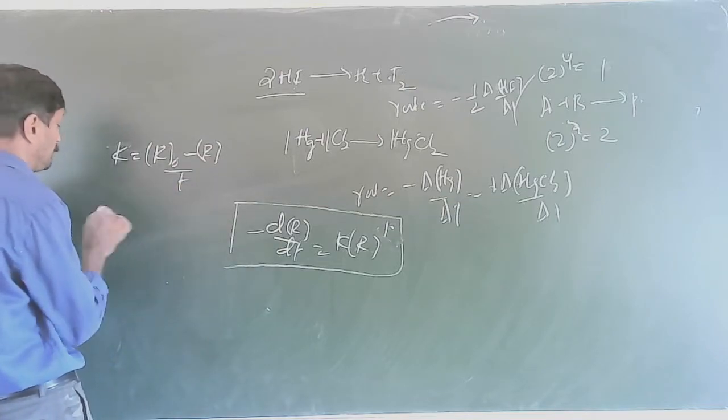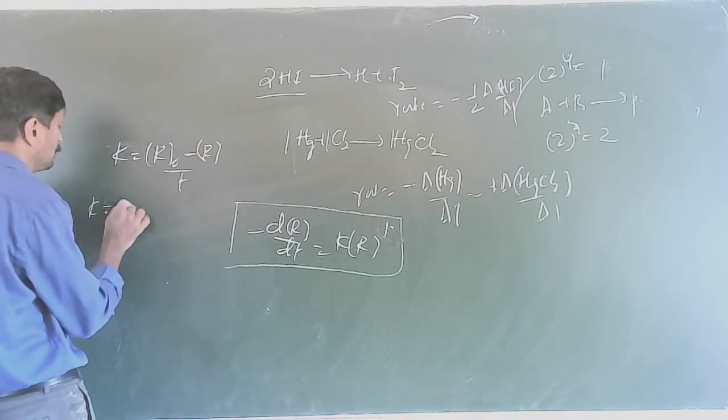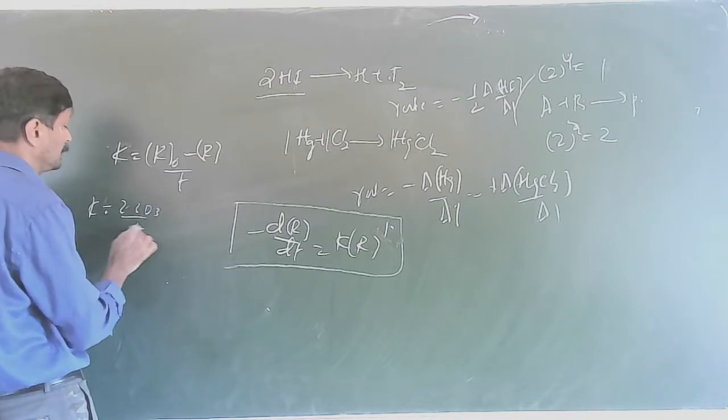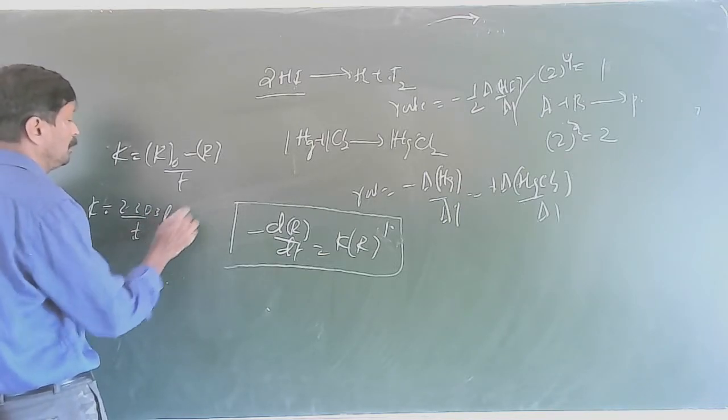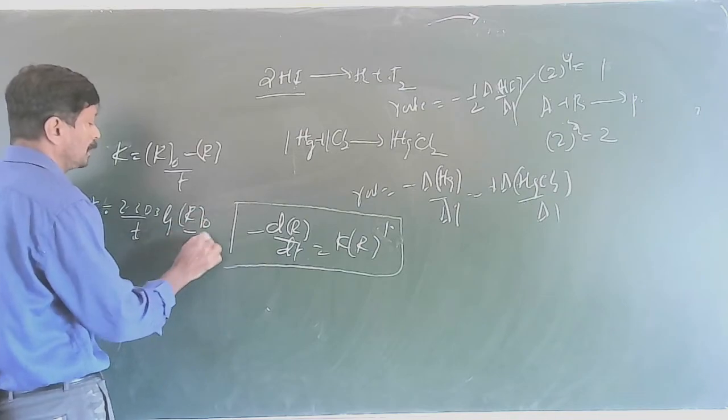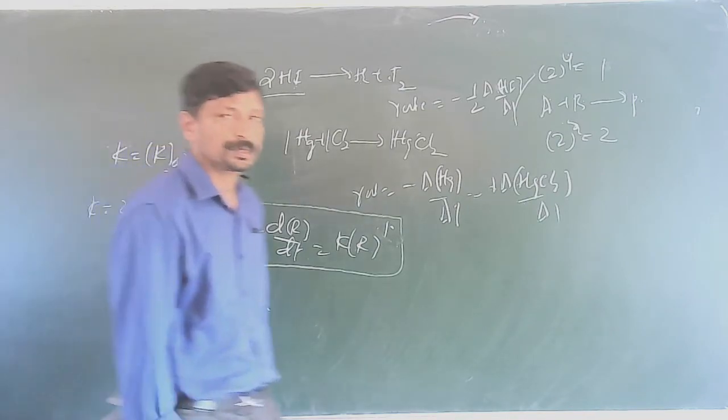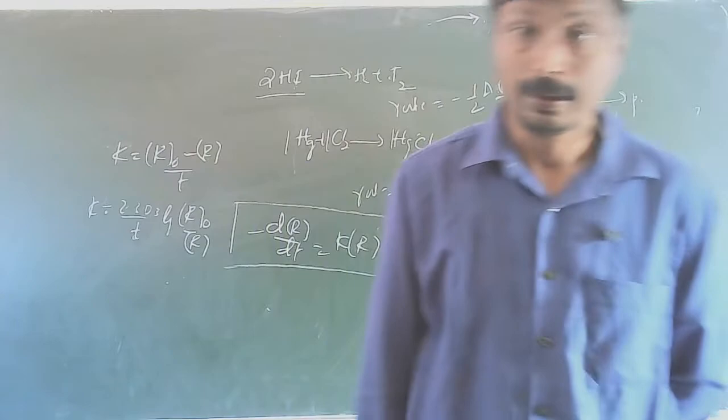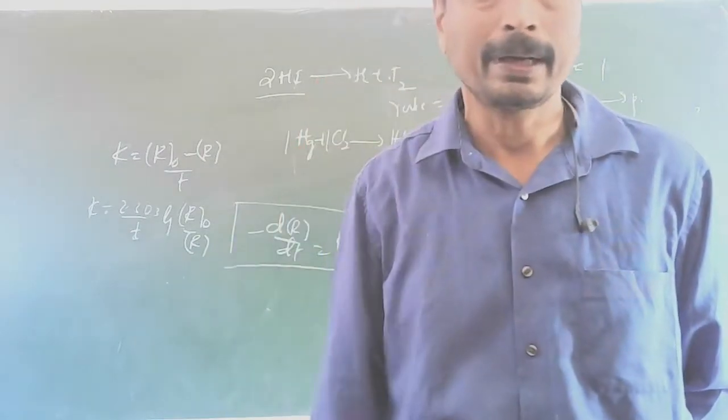For first order, k is equal to 2.303 by t log of R naught by R. R naught is the initial concentration, R is the concentration at time t. Both the equations you should be able to derive.